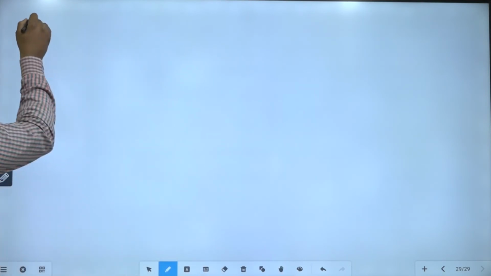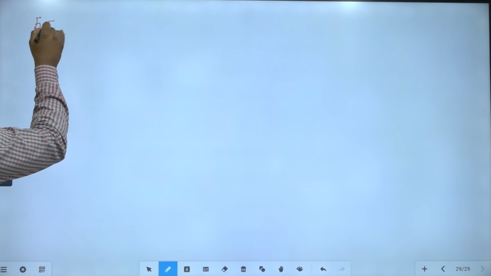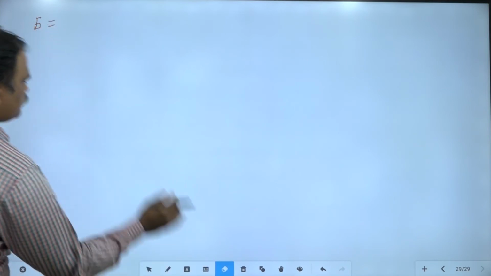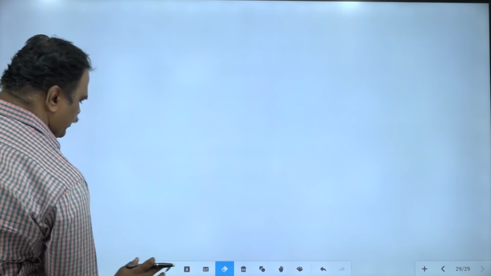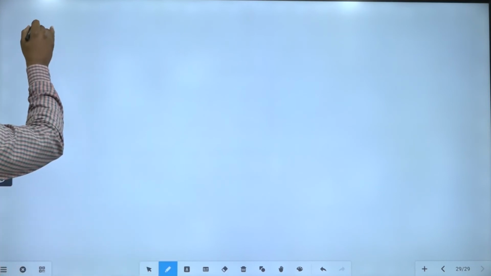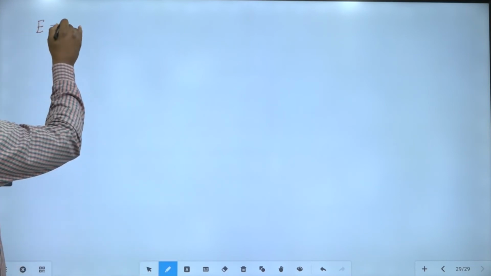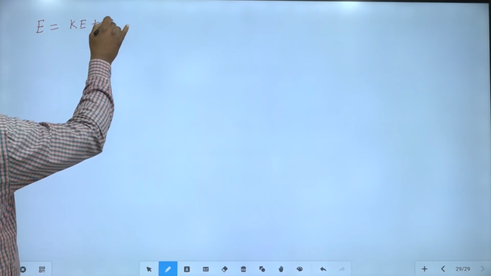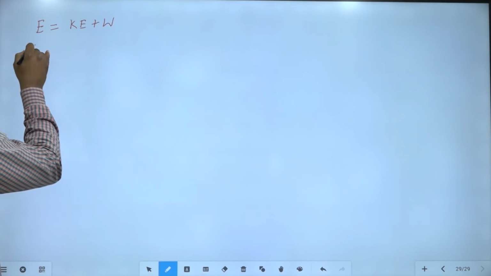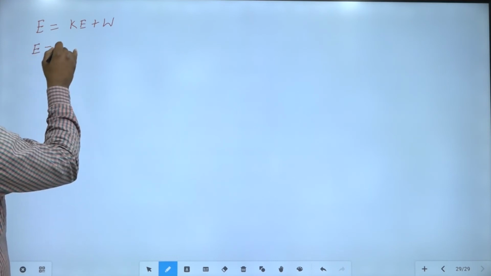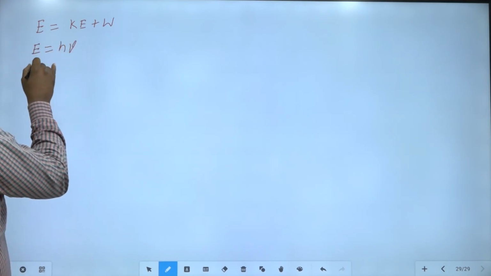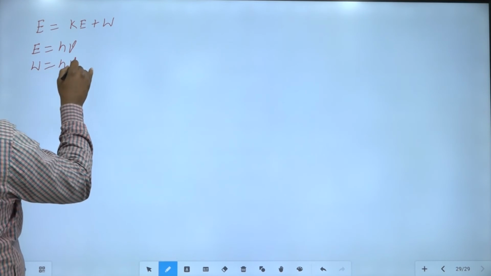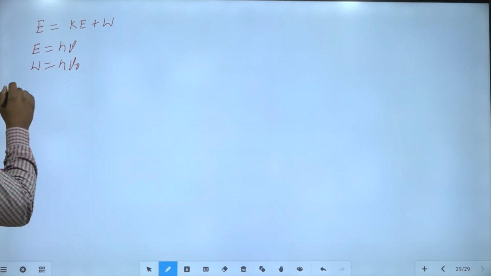Now, E is equal to kinetic energy plus W. But we know that E is equal to h nu, W is equal to h nu naught.